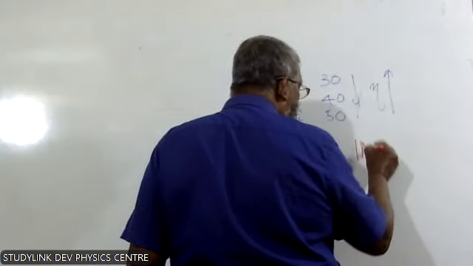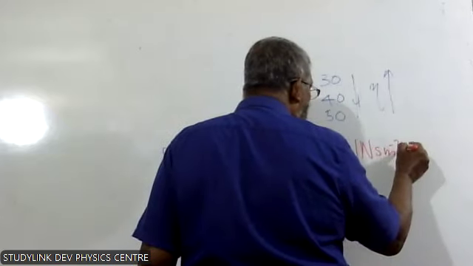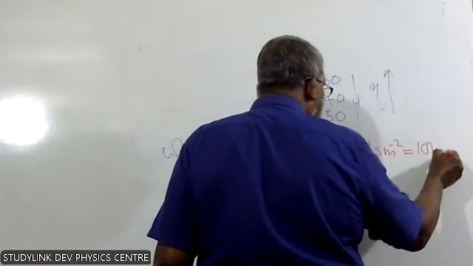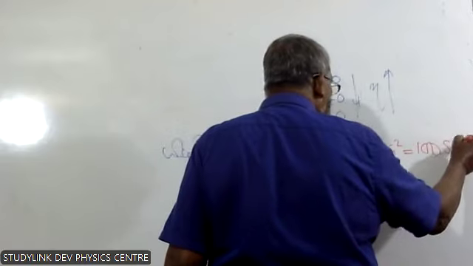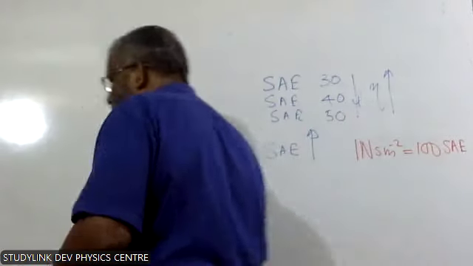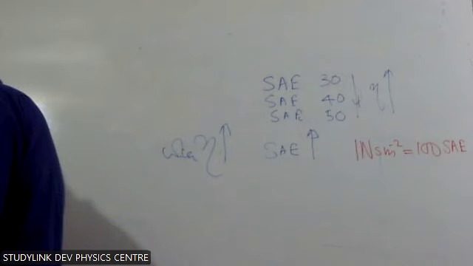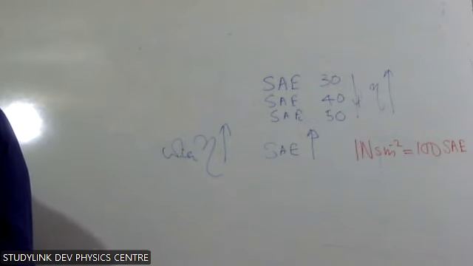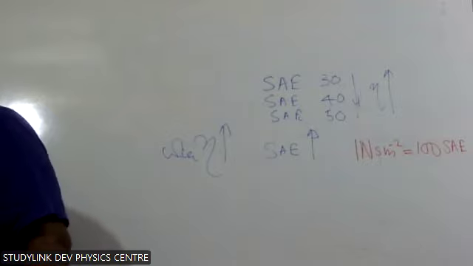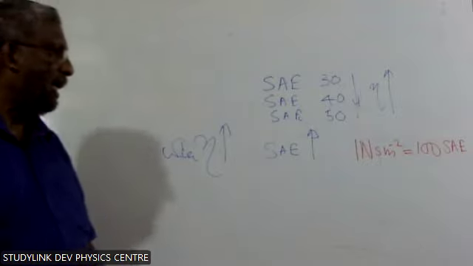The relationship: 1 N s m^-2 is equal to 100 SAE. You might think, what is SAE?